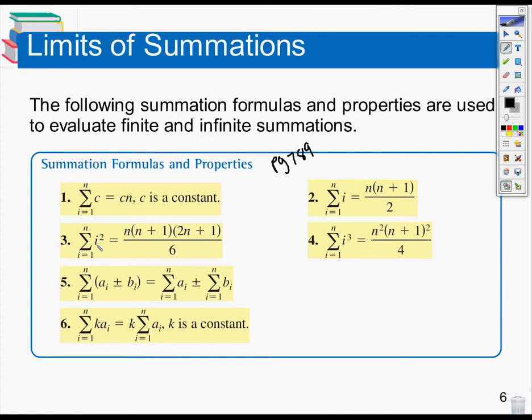If you have the summation of i squared, or the summation of i, the summation of i cubed, all these different things we will see being used as we go through examples. So why don't I just jump to the next example, and we can see I think 2 of them in use.